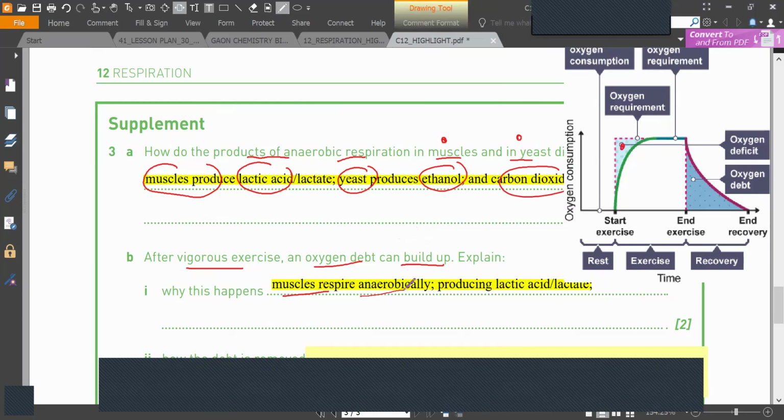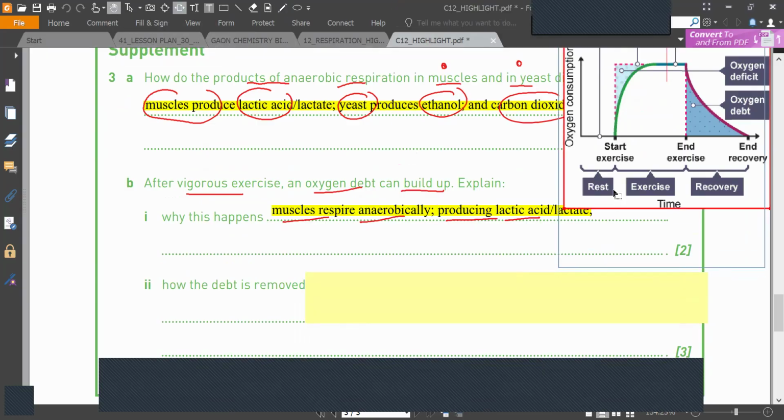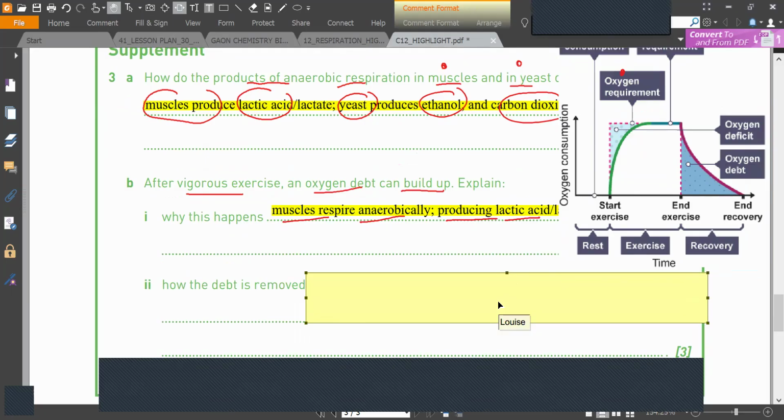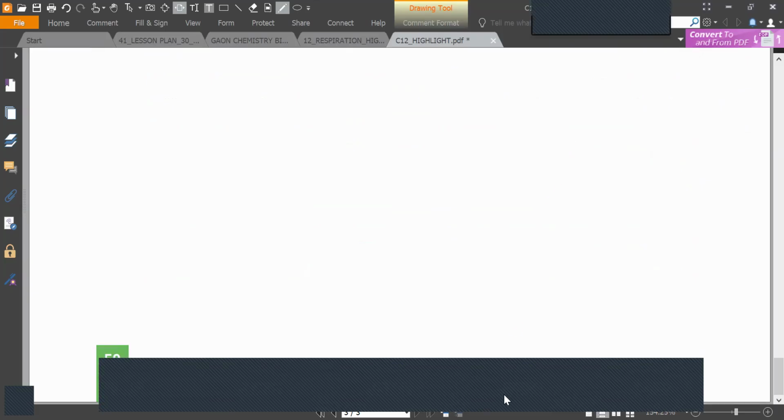Muscles respire anaerobically, producing lactic acid. That builds up the oxygen debt that needs to be paid back later. How is the debt paid back, how is it removed? After the exercise stops, we continue rapid and deep breathing to provide oxygen to break down the lactic acid. We repay the oxygen debt after we stop the exercise. Done.